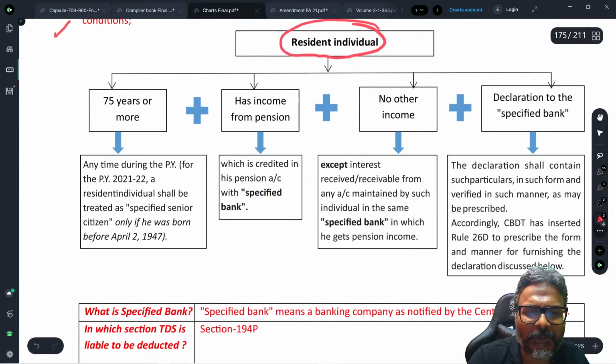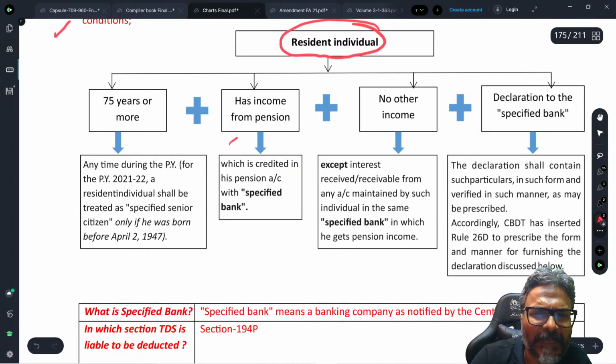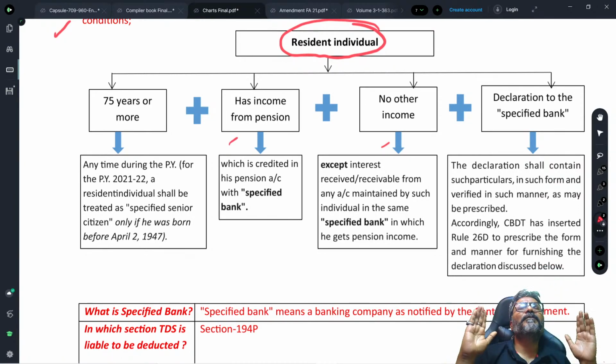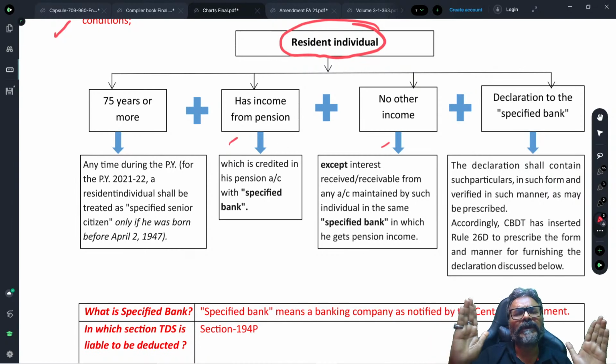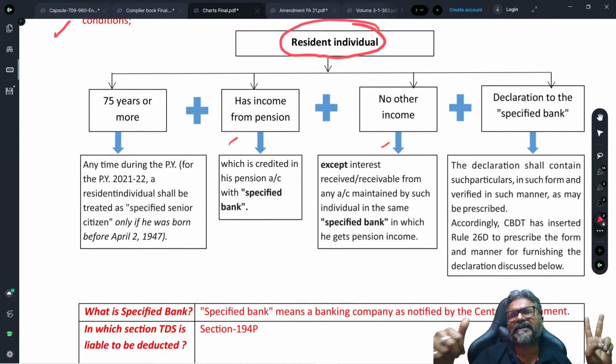So students, in this context, he has the pension and he doesn't have any other income apart from that interest income. What happens here is that this bank will take into account this income of pension and the interest, if any, arising on the pension deposited in the account maintained with them.